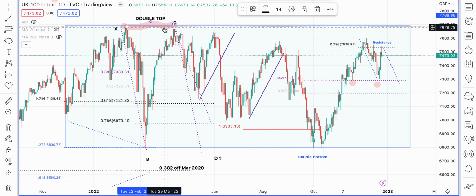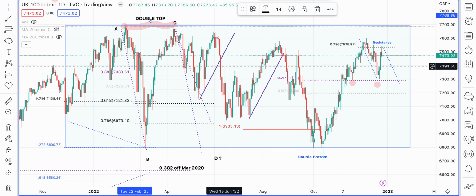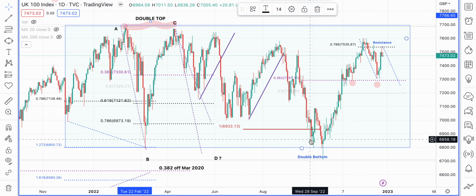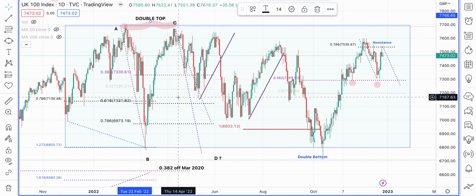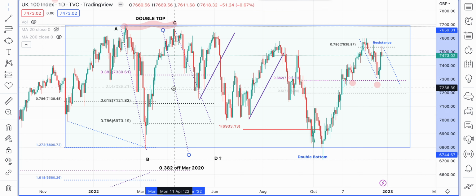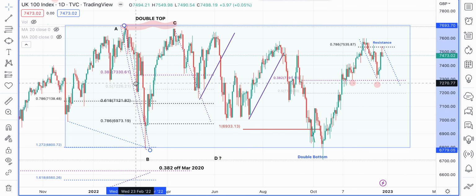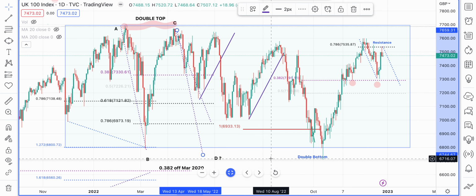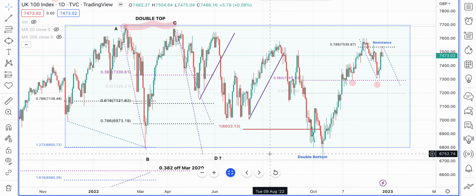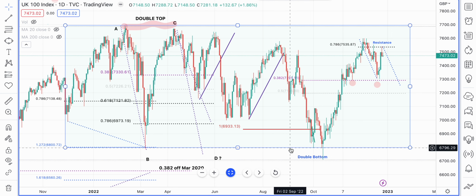We can see the resistance here, and then it just came down. And in fact, we like to see these one-to-one projections. If we take this and we project it from here, what the price actually did after several months was to test the bottom of the range.